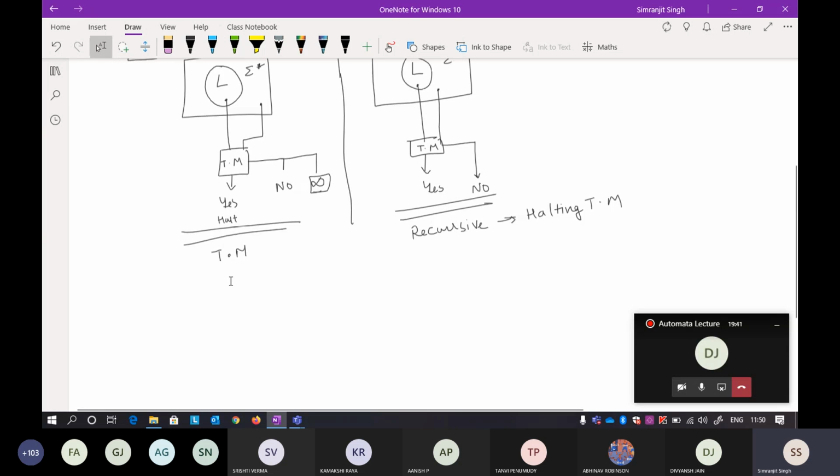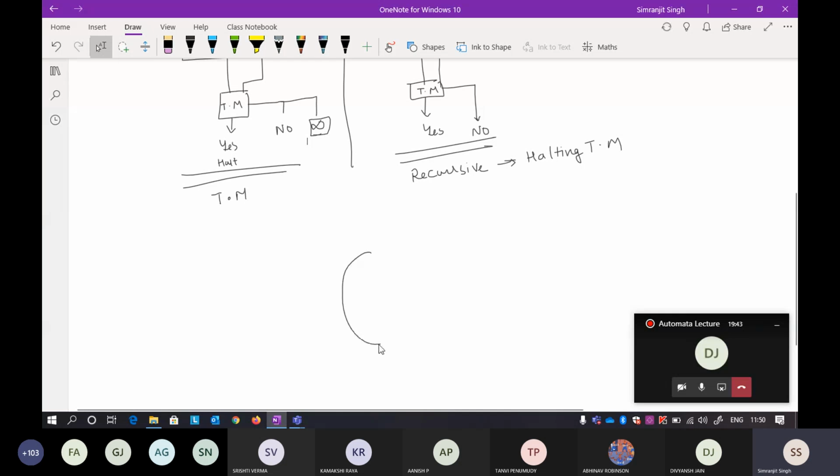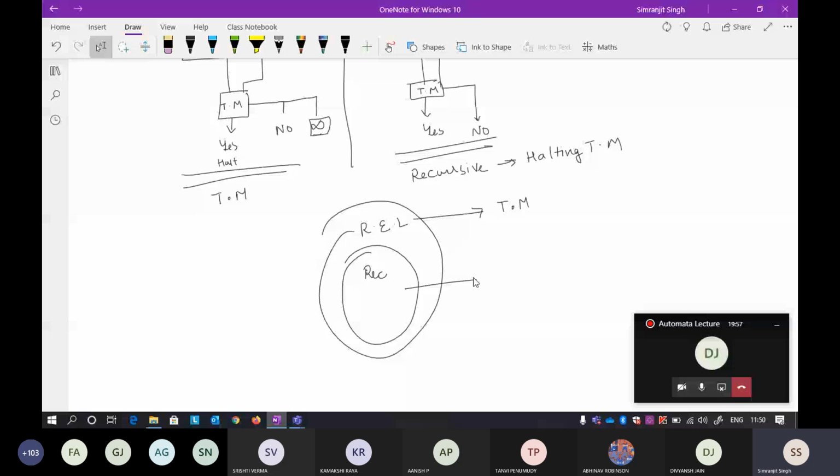So this will become your recursive languages, and this will become your recursive enumerable languages. Recursive enumerable languages will be accepted by a Turing machine, which can be halting or not halting, but recursive languages will always be accepted by a halting Turing machine. Now, the recursive enumerable language is a superset.